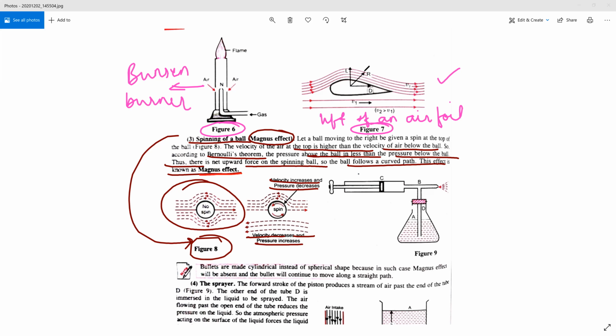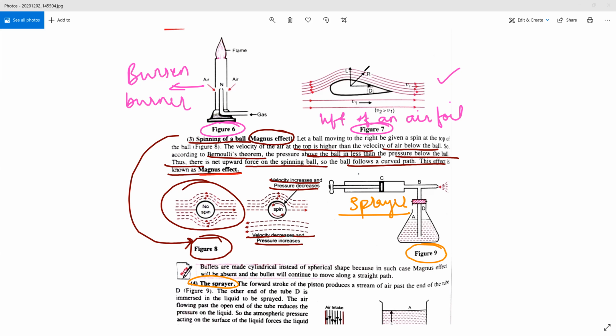So next we shall discuss how Bernoulli's principle is used in the case of a sprayer. So the sprayer is shown in figure 9. So this is the sprayer. This sprayer also works on Bernoulli's principle.